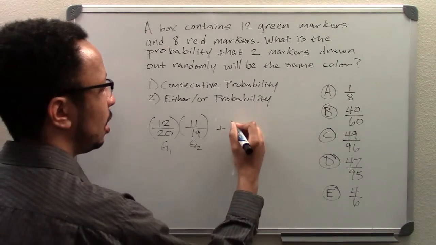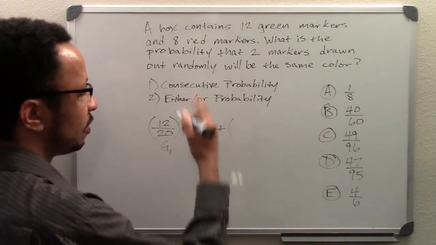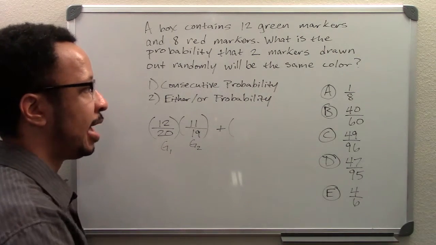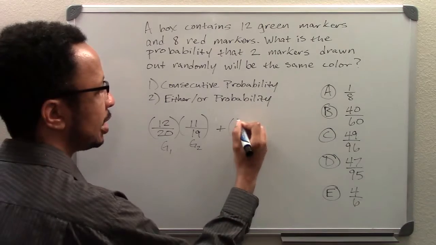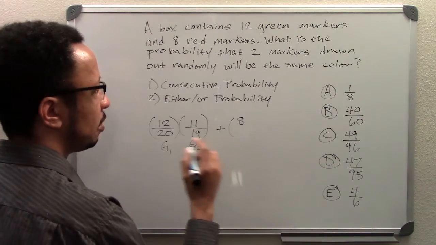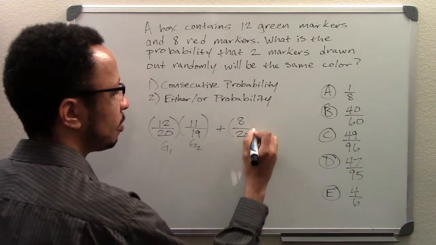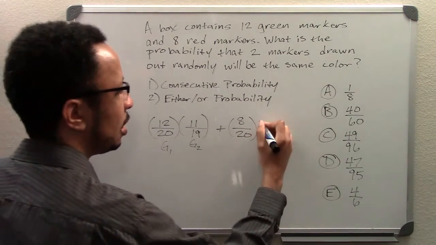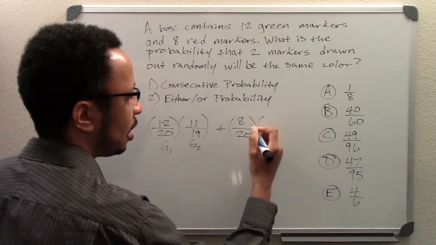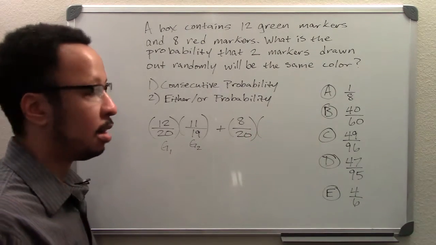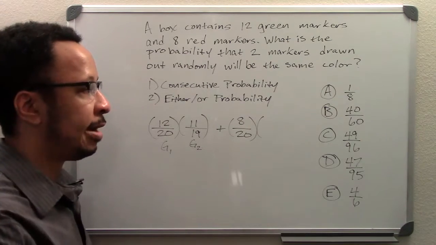If we put all of the markers back in and started all over again, we have 8 red out of 20, the whole box. If we drew out one red, what are the chances that we would draw out the second red?